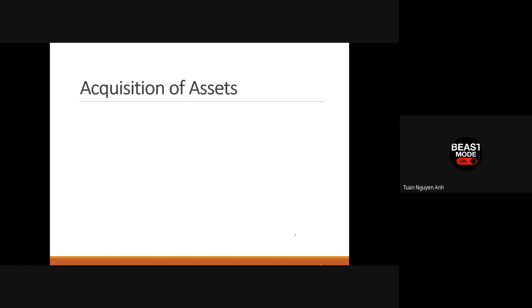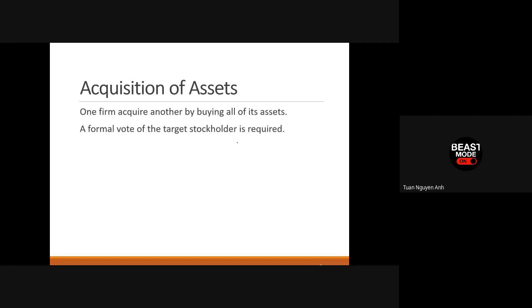So the last form of acquisition is acquisition of assets. Instead of buying the shares, you can buy the assets of the company, and you can control the operation. So one firm acquires another by buying all of its assets.